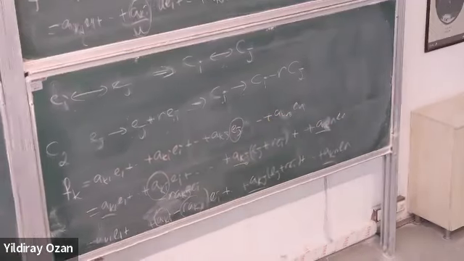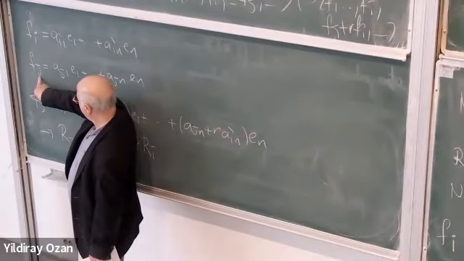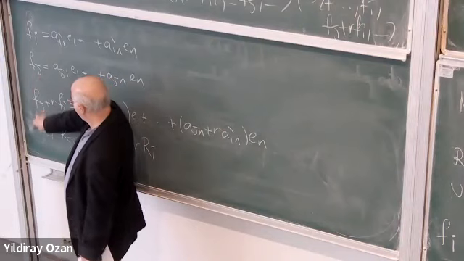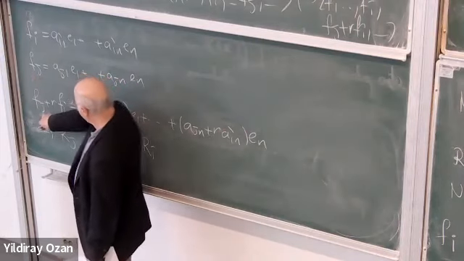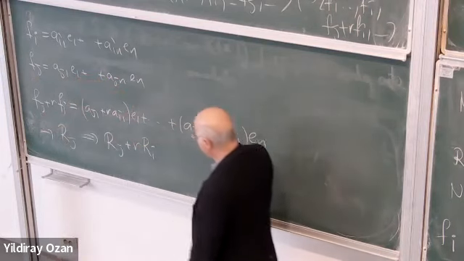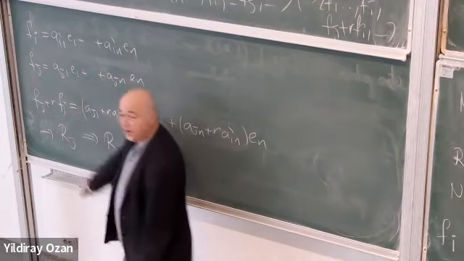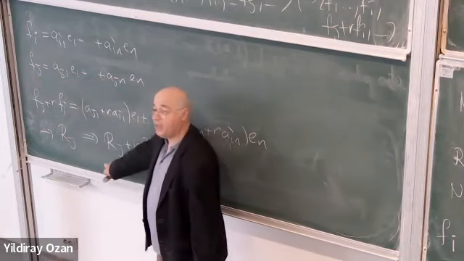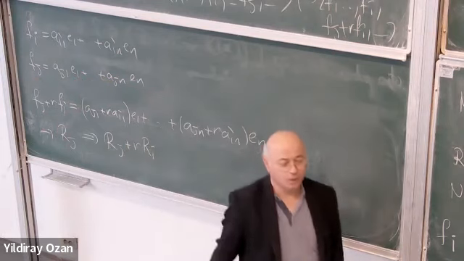And here, if you replace the jth element of the generating set of the submodule by the jth element plus r times the ith element, what it corresponds to is the following. The jth row is replaced by the jth row plus r times the ith row.